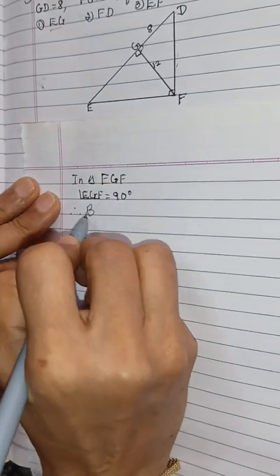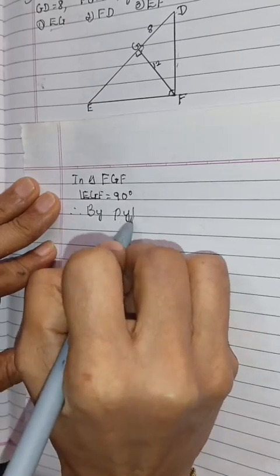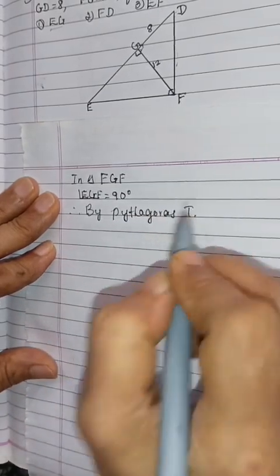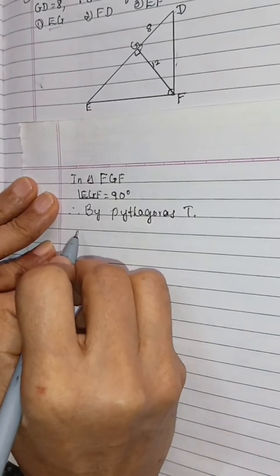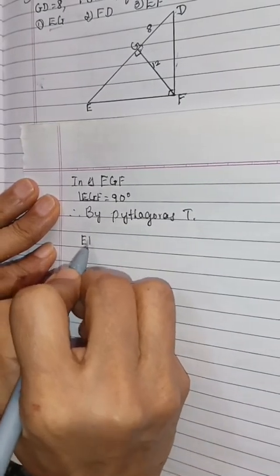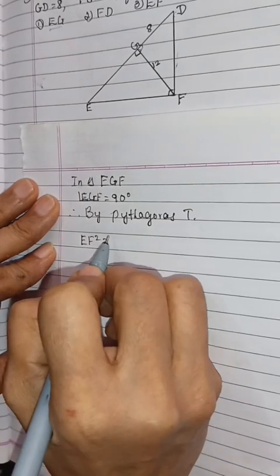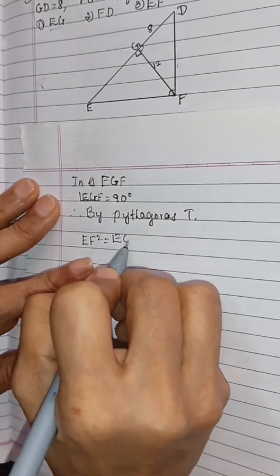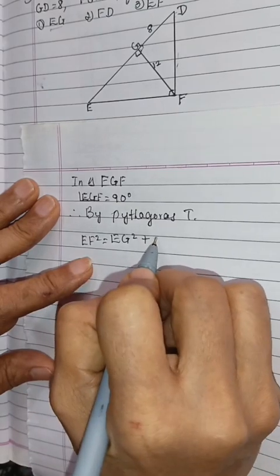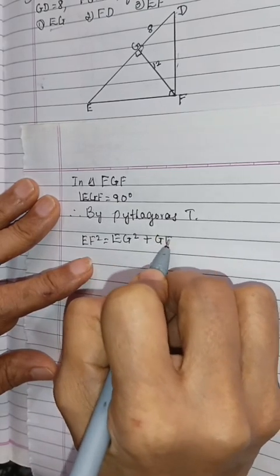Therefore, by Pythagoras theorem, EF square equal to EG square plus GF square.